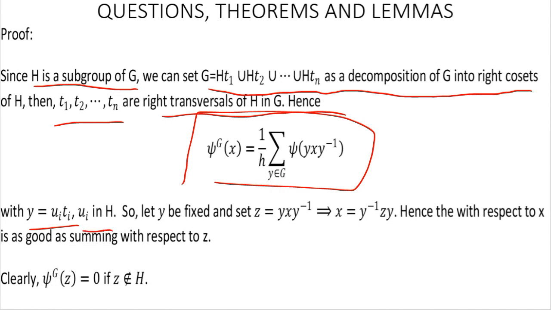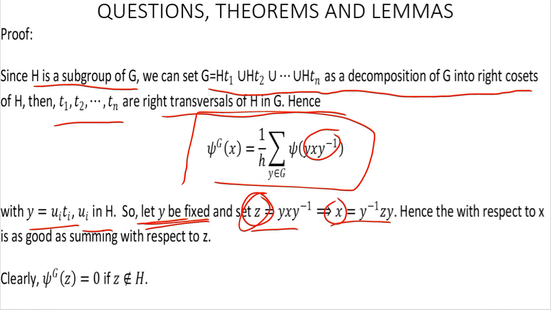As we had seen previously, we can do some manipulations that will help us with the proof. We'll let Y be fixed and set Z to be equal to this term in here, so we can find X. Because we fixed Y, we can sum over Z, and as I said in all my previous videos, once you fix Y and we're summing over Z, it will be the same as summing over X. So X might not need to change, it could stay the same like you saw in previous proofs.